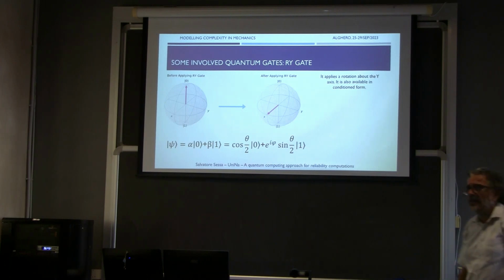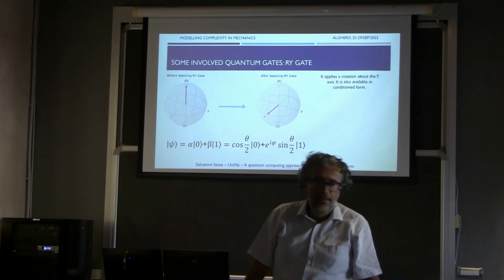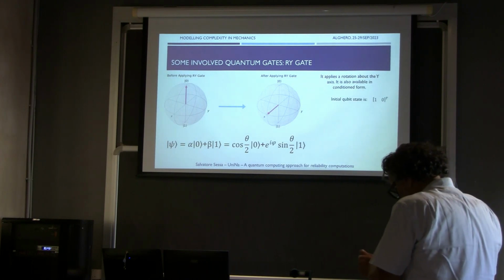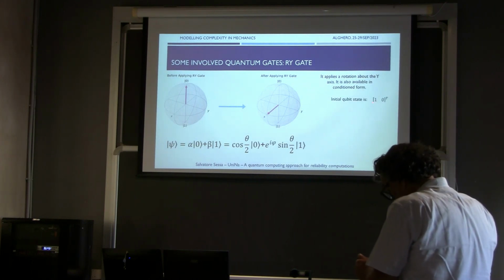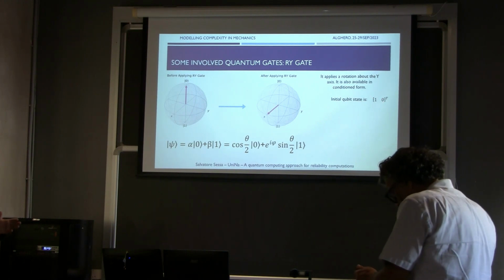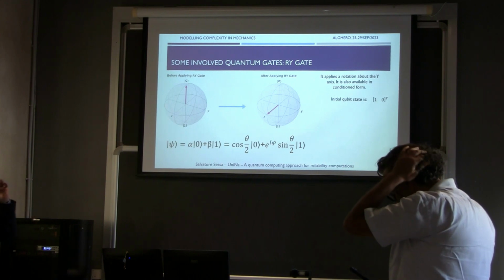So, in general, when we apply a rotation about the y-axis, if the initial qubit state is (1, 0), this is alpha and this is beta, so actually it is deterministic information equal to 0.